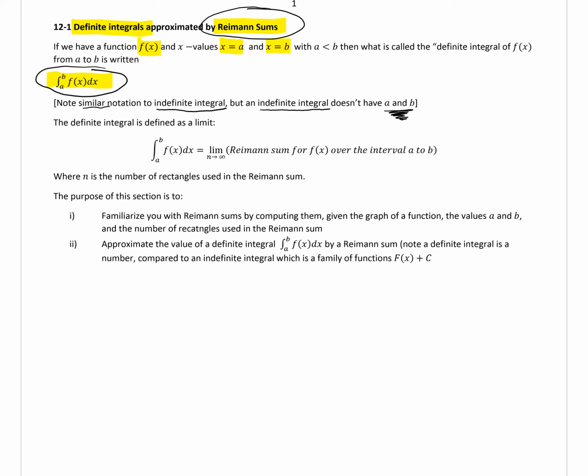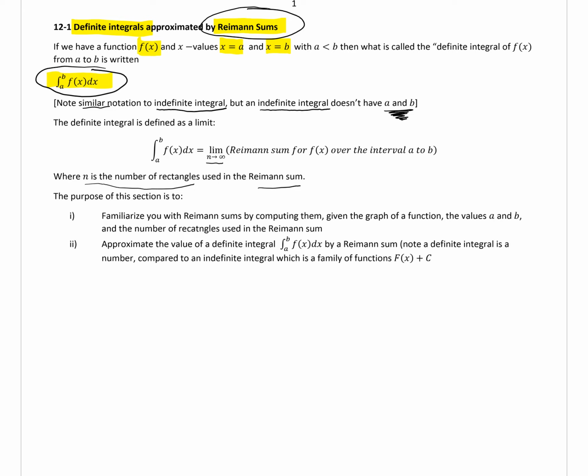The limit as n, which is the number of rectangles used in the sum, which is getting a little bit ahead of things, because you will see soon enough what's meant by the number of rectangles used in the Riemann sum, and even what a Riemann sum is. That's exactly what we're going to talk about in these pages.